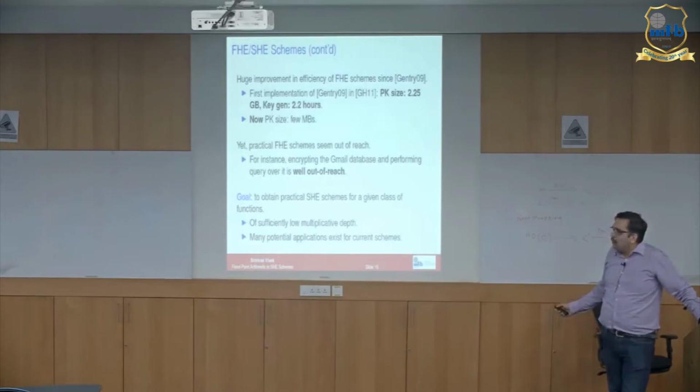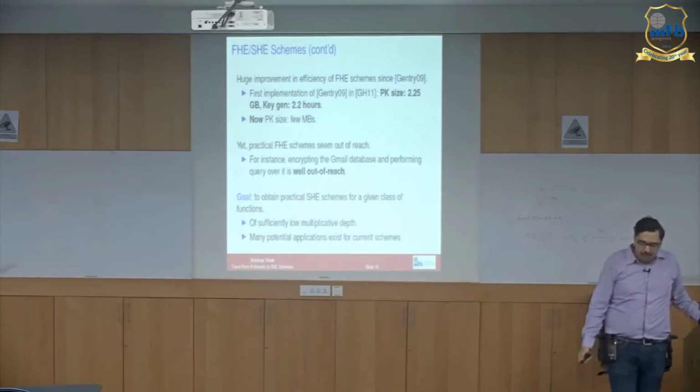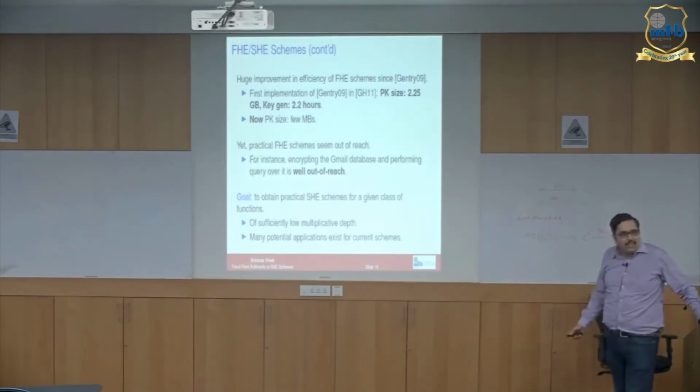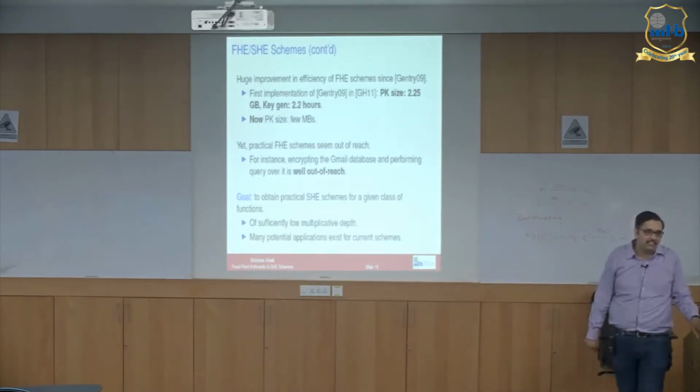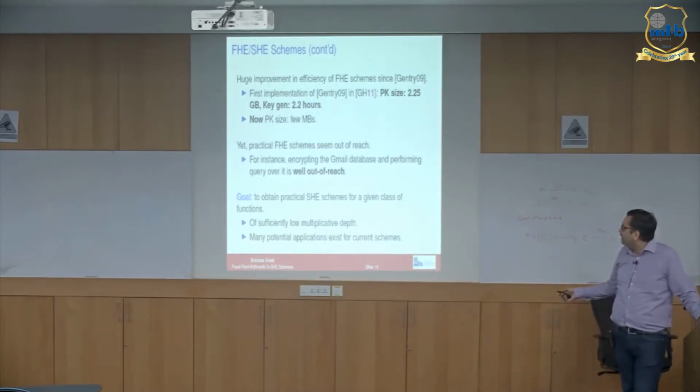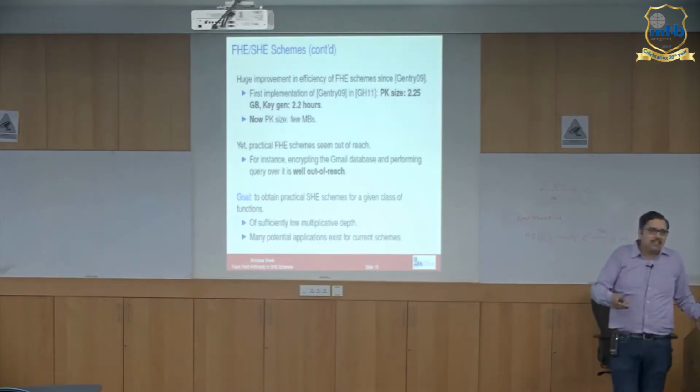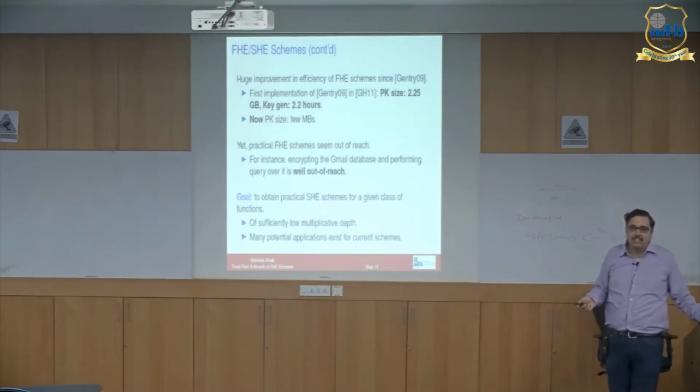So though FHE schemes hold a lot of promise, encrypting your entire Gmail database and doing search on the encrypted data is still not feasible as of now. But looking at the improvements over the past decade, possibly in another decade or two, who knows, it could be feasible.